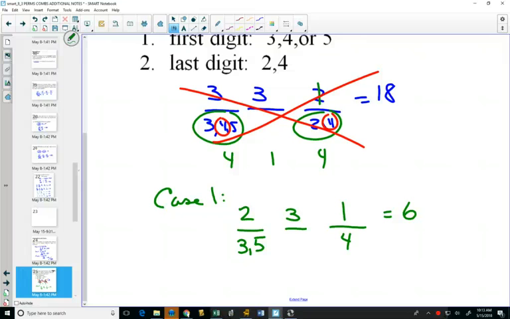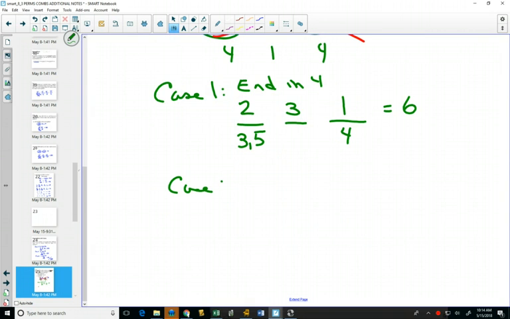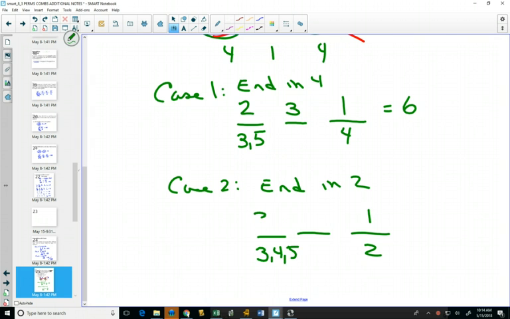Case 2. So case 1, end in 4. Case 2, what haven't I counted? I could end in the 2. That would still make it even, 1 choice, but now the first number could be 3, 4, or 5. No restrictions on the middle.